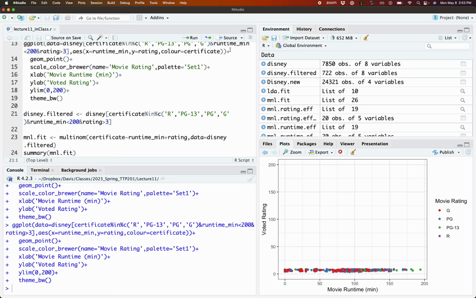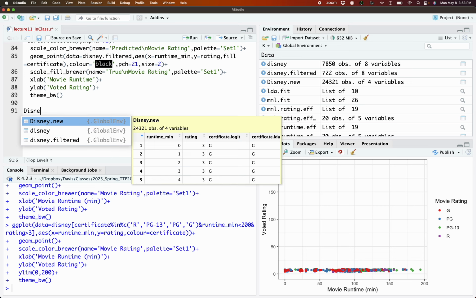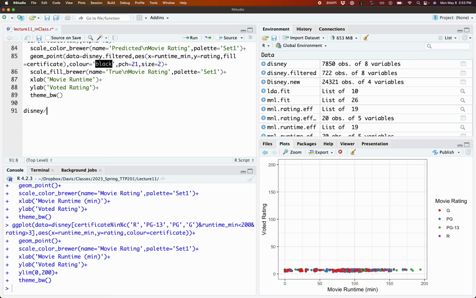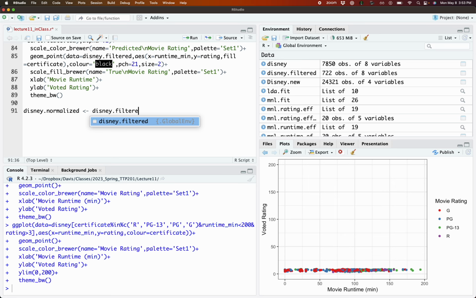You have to normalize it in some way, and I did not do that in my example code, so we're going to make this up on the spot. Okay, Disney dot normalized, Disney dot filtered.